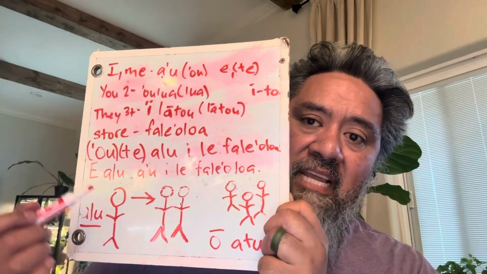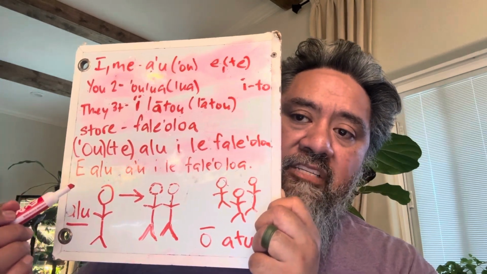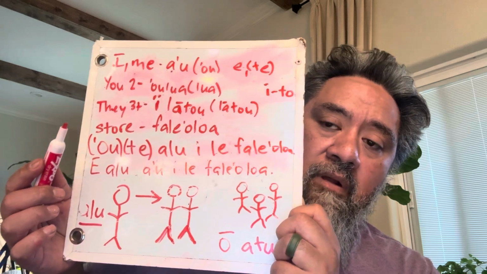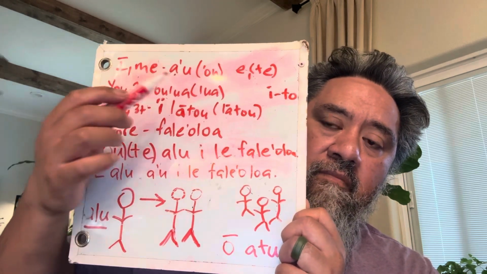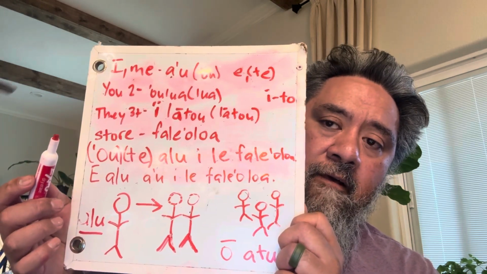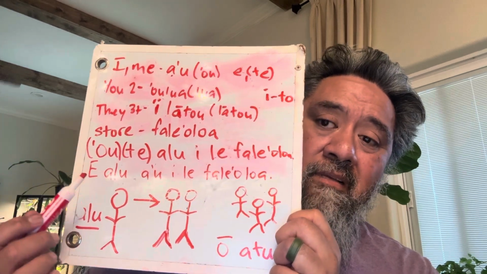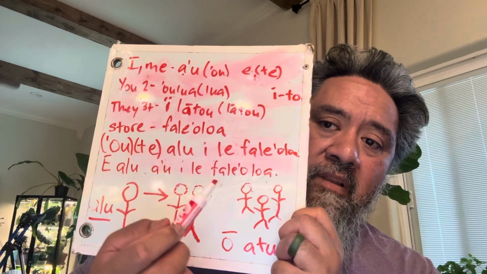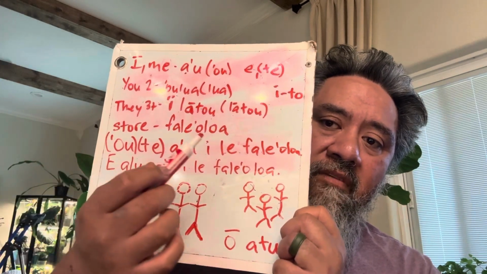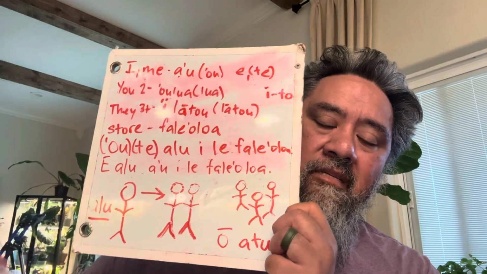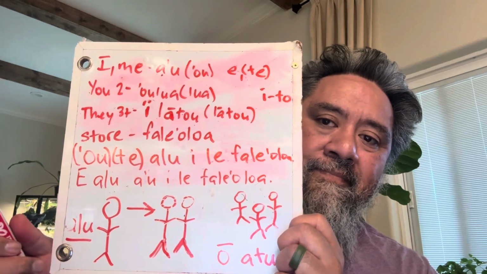They both mean the same thing. It's just using different forms of the tense marker and the different form of the pronoun. So you see how that works? E alu au i le faleoloa, o te alu i le faleoloa. Both mean the same thing, just used differently.